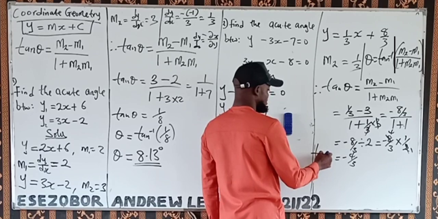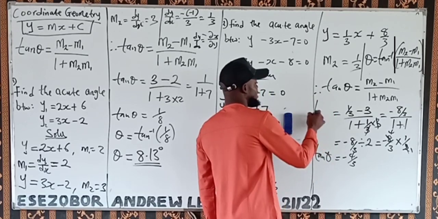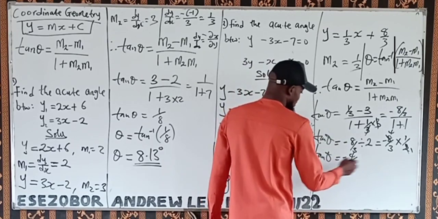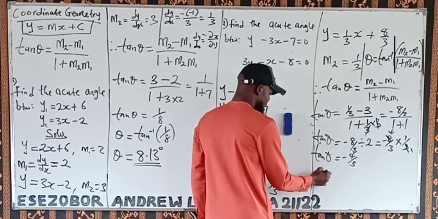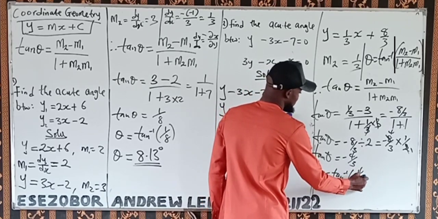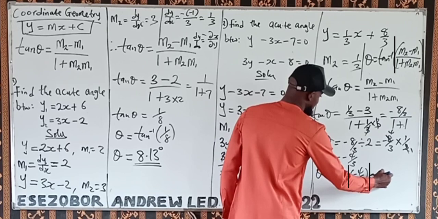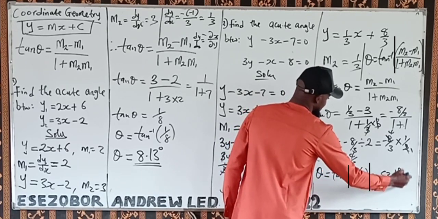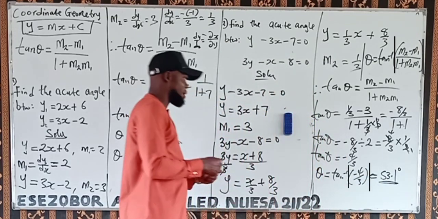So that means tan theta is equal to minus 4 over 3. Then theta will now be the tan inverse of minus 4 over 3, and that gives us approximately 53.1 degrees.